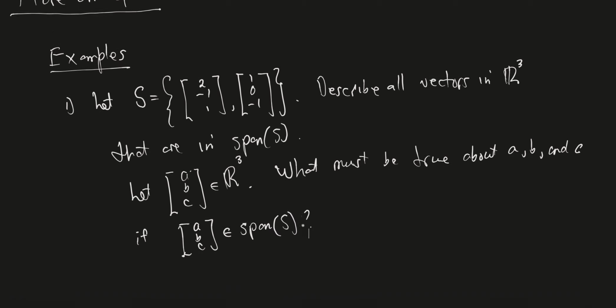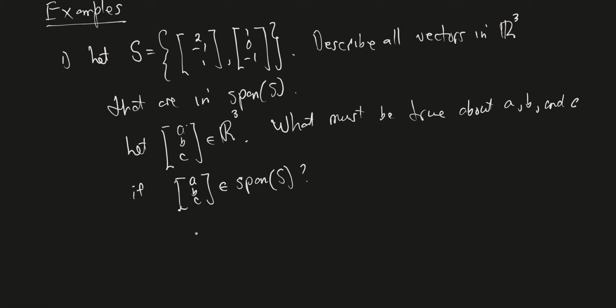Well, let's set up a linear system, but this one is different in the sense that I'm not going to have a specific target vector. What we want to describe is what must be true about this vector if it is in the span of these two. So let's set up our columns (2, -1, 1) and (1, 0, -1), and now we have the generic set of constants on this side.